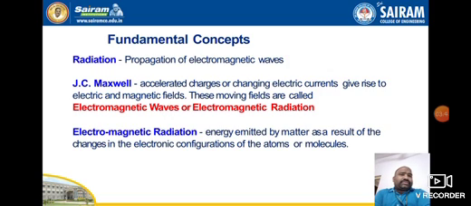The fundamental concept of this is the propagation of electromagnetic waves. The scientist Maxwell showed that accelerated charges and electric current give rise to electric and magnetic fields. These moving fields are called electromagnetic waves or radiation. This energy is emitted by matter as a result of changes in the electronic configuration of the atoms or molecules.